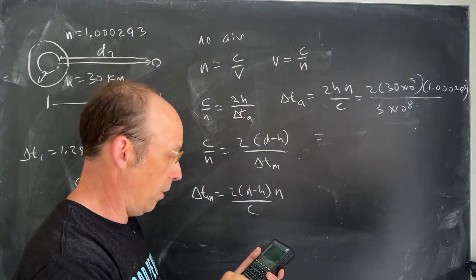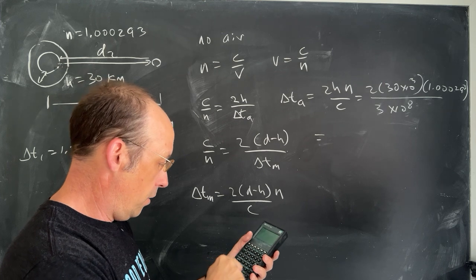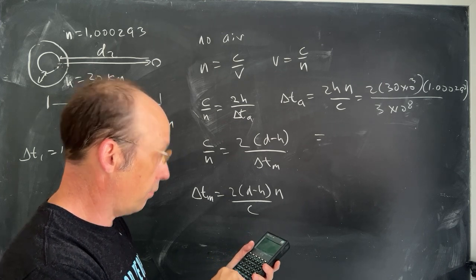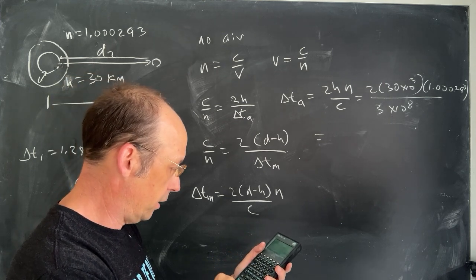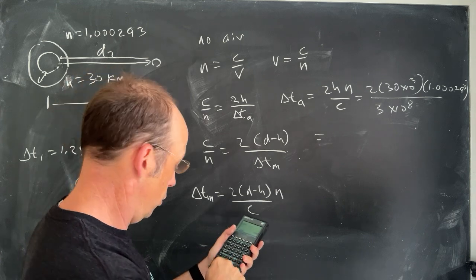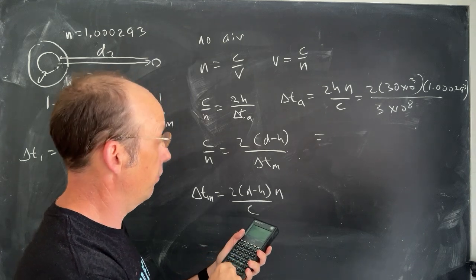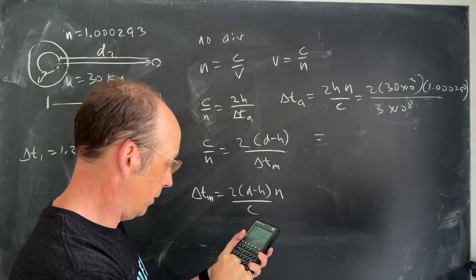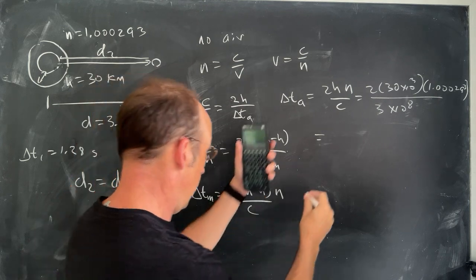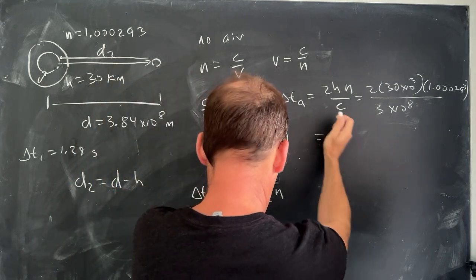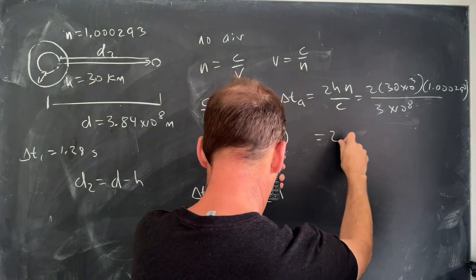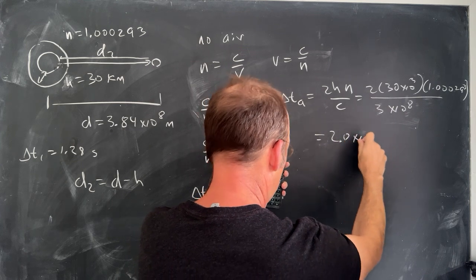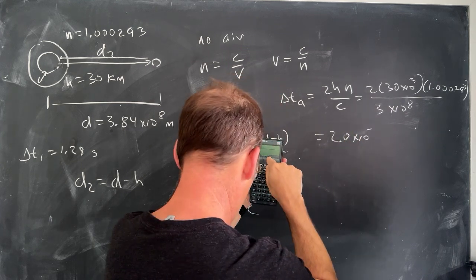You can do it in a roundabout way. It's fine. 2 enter 30 times 10 to the 3 times 1.000293 times 3 times 10 to the 8th divided by. I get, let's just write this as 2.0 times 10 to the negative 4.